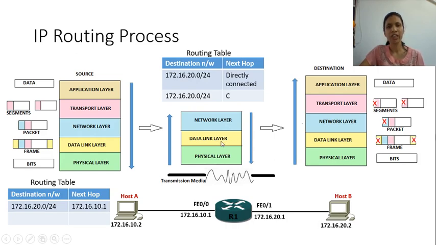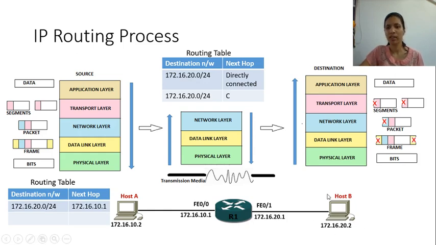The data link layer is going to create a frame, and then this frame is going to be sent to the physical layer. The physical layer converts bits to signals and sends them over to the host present here. When the host receives the bits, the data link layer is going to create the frame structure. It will read the data link layer header, wherein it has got the MAC address, which is the MAC address of itself.